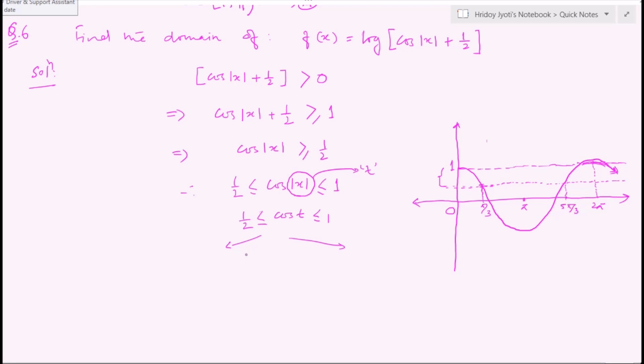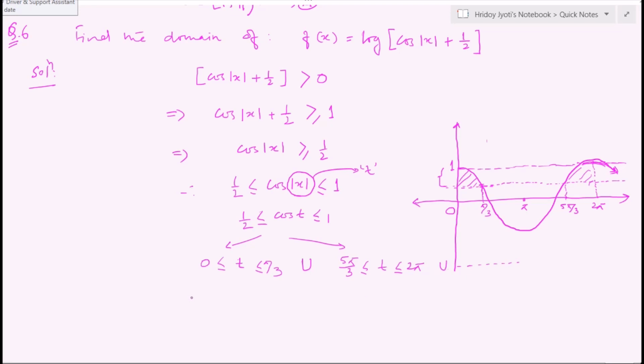So t will be lying between 0 to pi by 3, because we are looking for this interval, union 5 pi by 3 to 2 pi, union and so on.